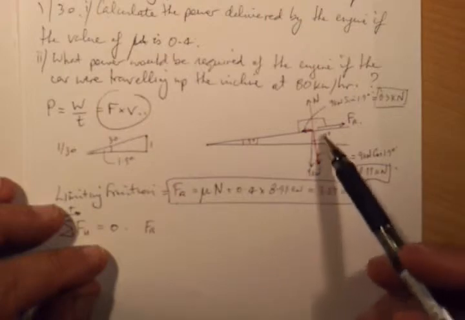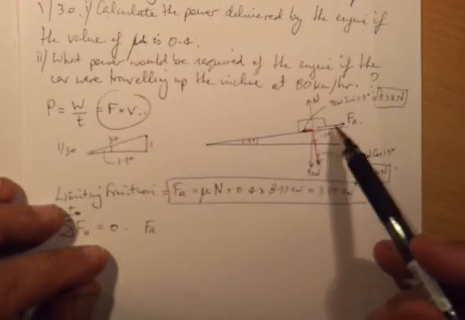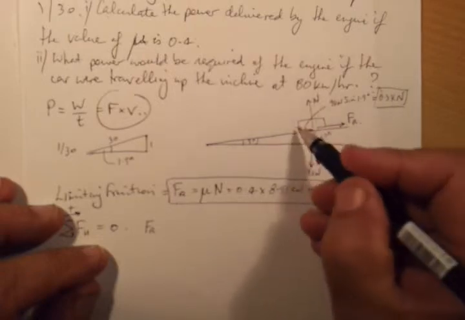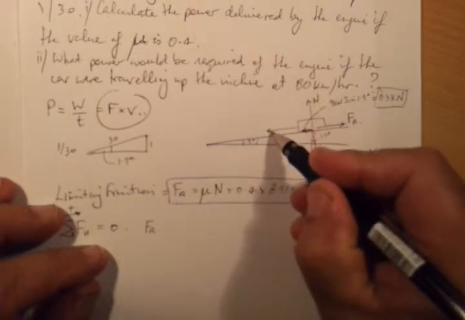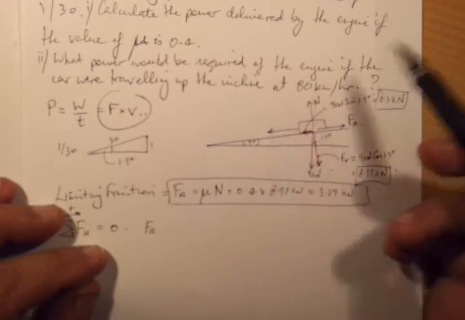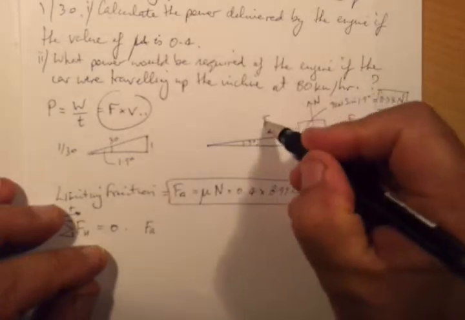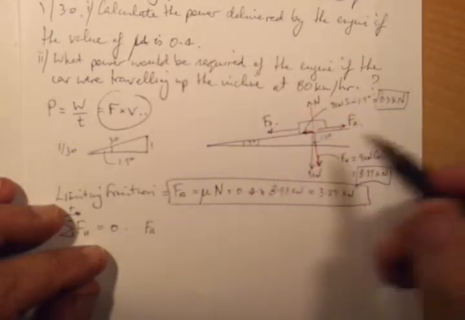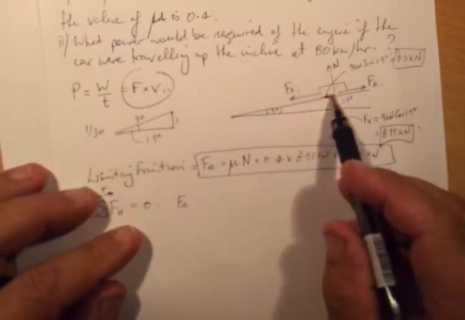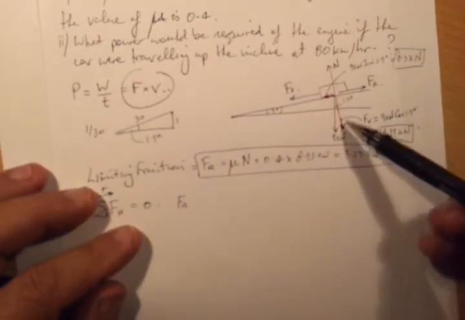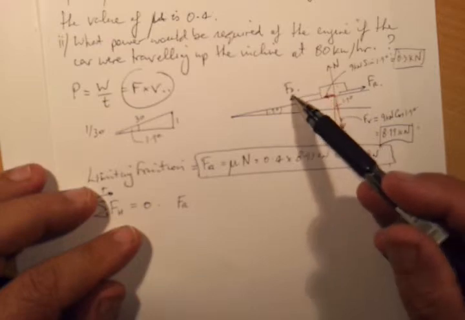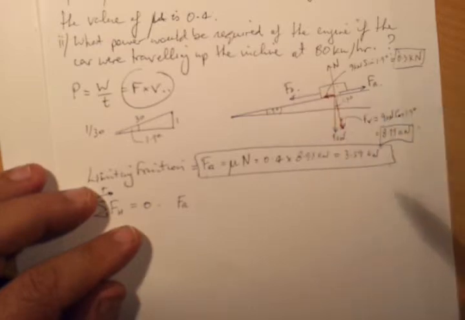So we've got a weight force down the plane, we've got a resistant frictional force, but we also have a motor pushing down here. And let's call that FD, for driving force, FD. So there's another force acting here now. We've got a component from the weight, the driving force, and the frictional resistant force.